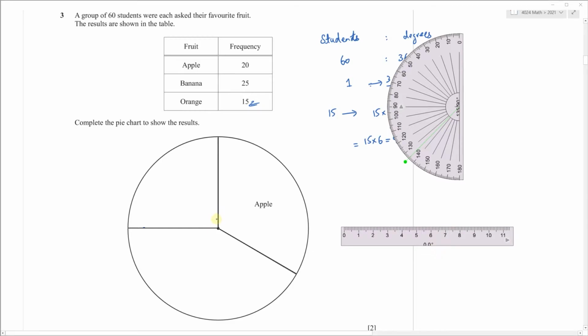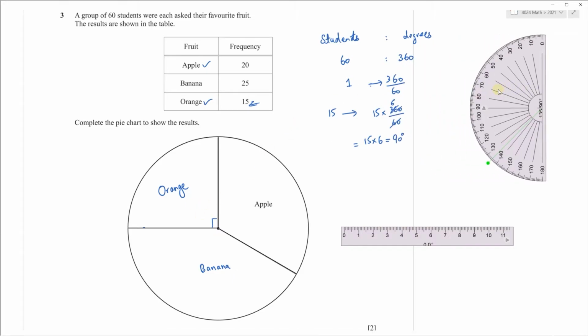So this angle here is 90 degrees, and this part of the pie chart represents orange. Since you've already drawn the apple here and the orange, the remaining portion is for bananas, which is this one.